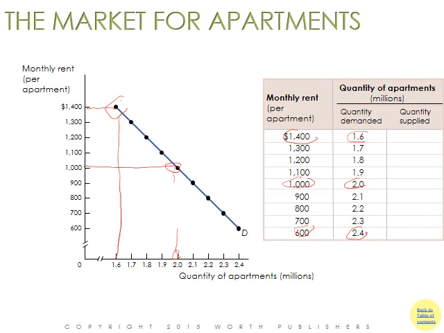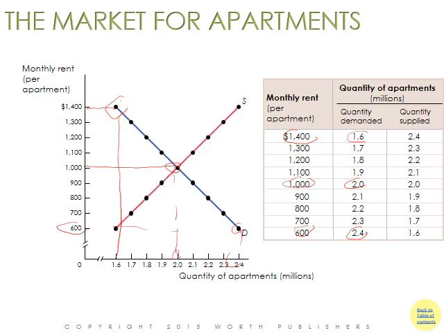The third point, when the price is 600, the quantity demanded is 2.4 million. So when we plot our demand schedule in this graph and fit a curve through these points, we get a linear demand curve in this apartment rental market.